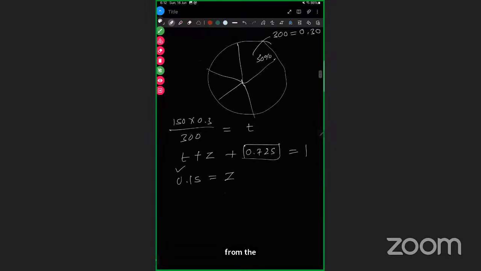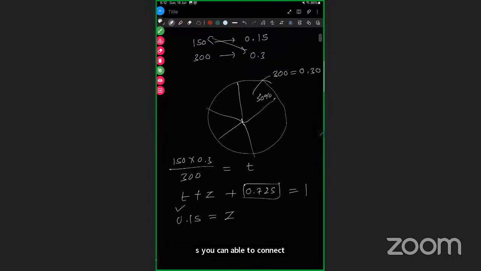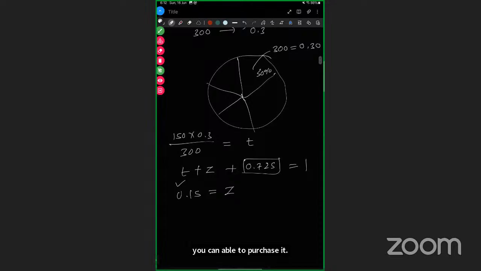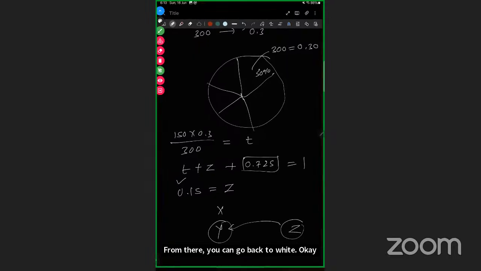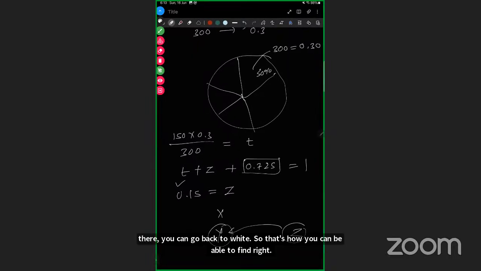From Z you have to go back and find Y. There are X and Y, and from Z you can go back to Y. Z is not 150.